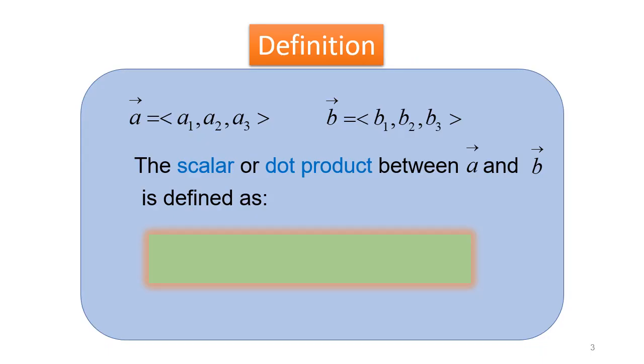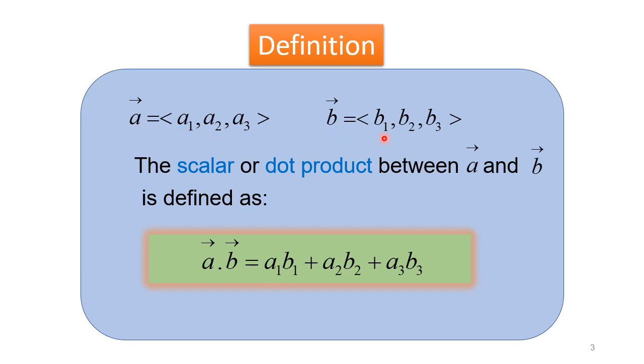Firstly, look at the definition. A scalar product, or in other words, what we usually refer to as the dot product. The scalar or dot product between vector A and vector B is defined as an expansion according to the components.